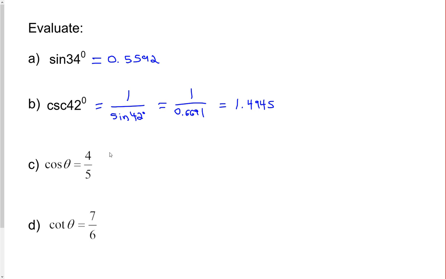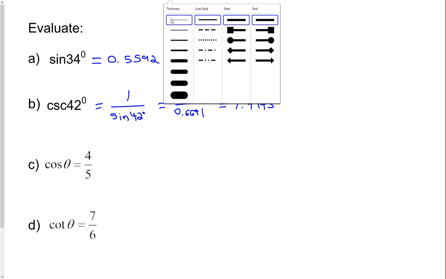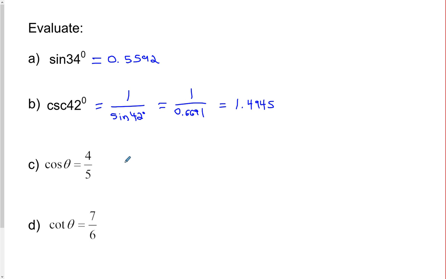Let's go to C here. We're doing cosine theta equals 4 over 5. We could write this next to it. Cos theta equals 4 over 5, and if I put that in my calculator, 4 over 5 is 0.8.